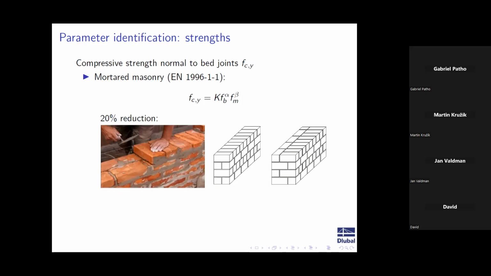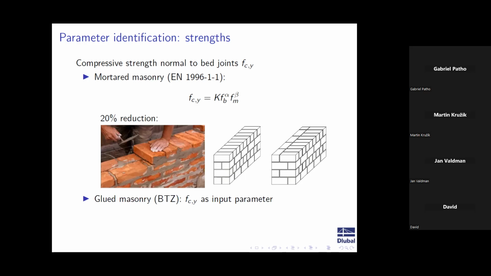However, this structure then reduces your overall compressive strength. So here the Eurocode prescribes a 20% reduction in your overall compressive strength. And again, if you consider glued masonry, this is a completely different story.